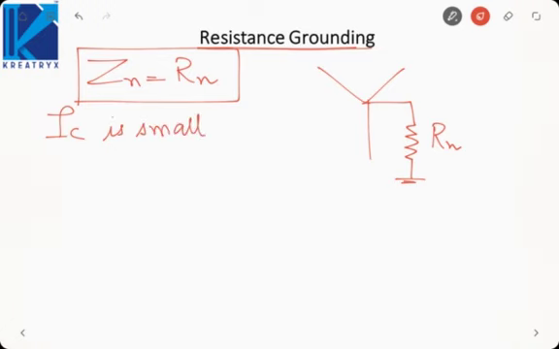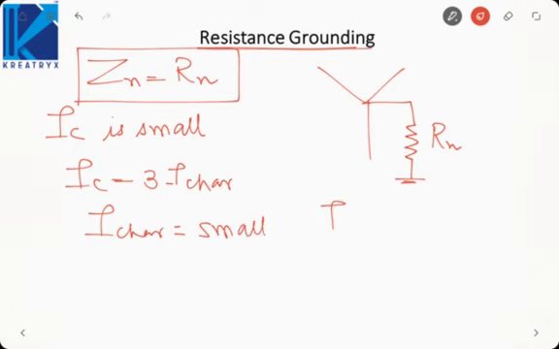Why? Because as we saw, if the neutral is left ungrounded, high line charging currents are induced. There IC was becoming equal to 3 times I charging. But if I charging is small, then IC is small. Then we can use a resistance. Otherwise, if I charging is high, IC will be high.